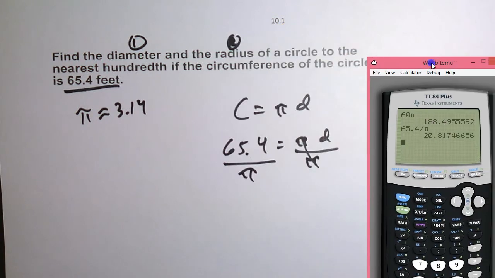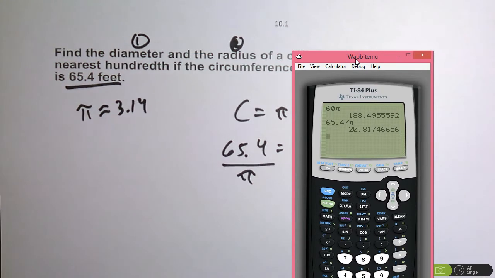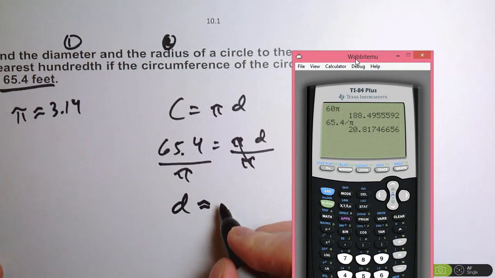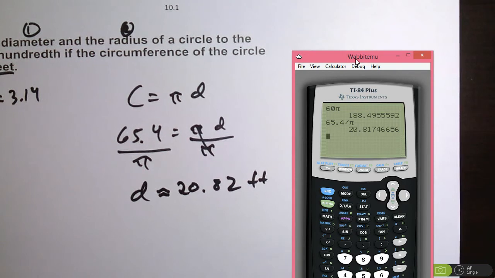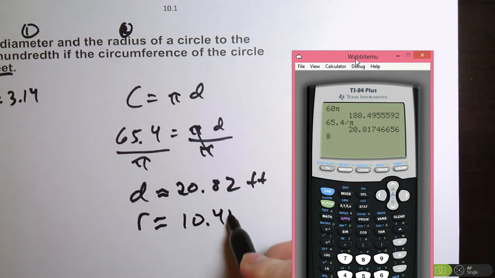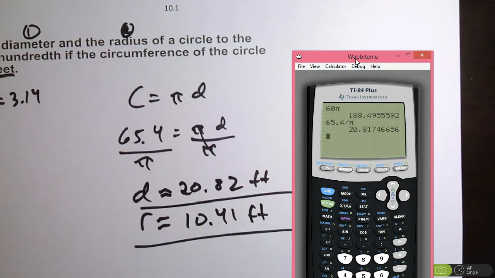Well, that gives me then that it is 20.82. And what is this? Feet is the units. Okay. And then if I want the radius, just divide that by 2, which is 10.41 feet. There we go.